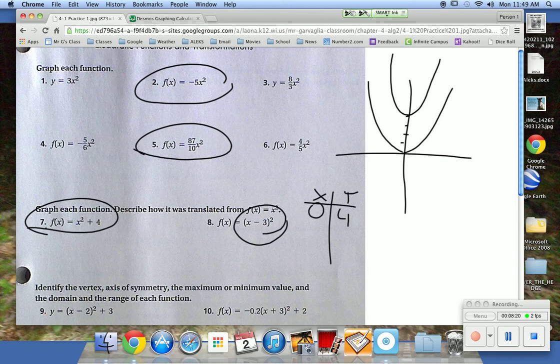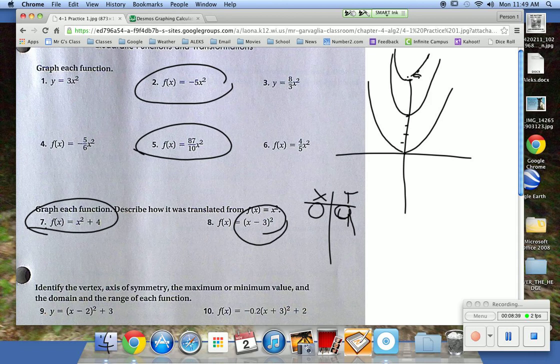It'd be a negative 3 squared, which is 9. So now all of a sudden, it's 0 for x, it goes up to 9 up here. Would it start this way and do this?